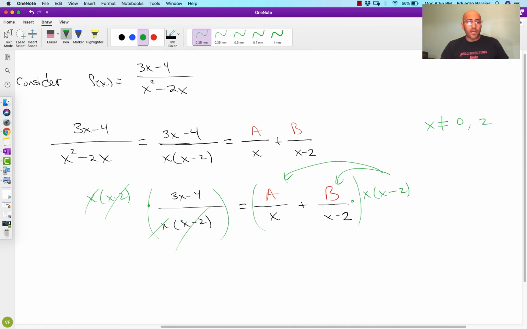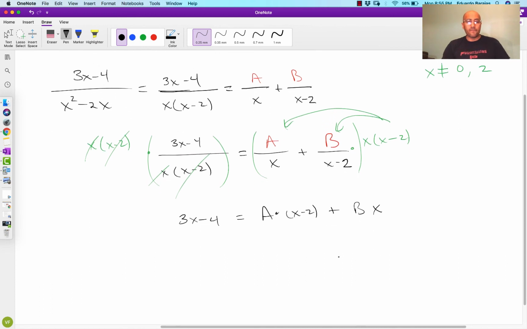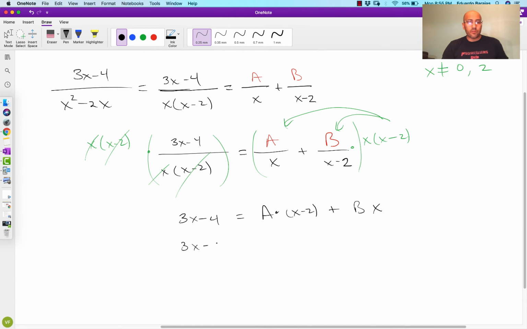Okay. And then we end up with 3x minus 4 is equal to capital A times, okay, one of the x's canceled, I'm left with x minus 2, plus Bx. Good. All right, so multiplying these guys, we end up with Ax minus 2A plus Bx. Good.